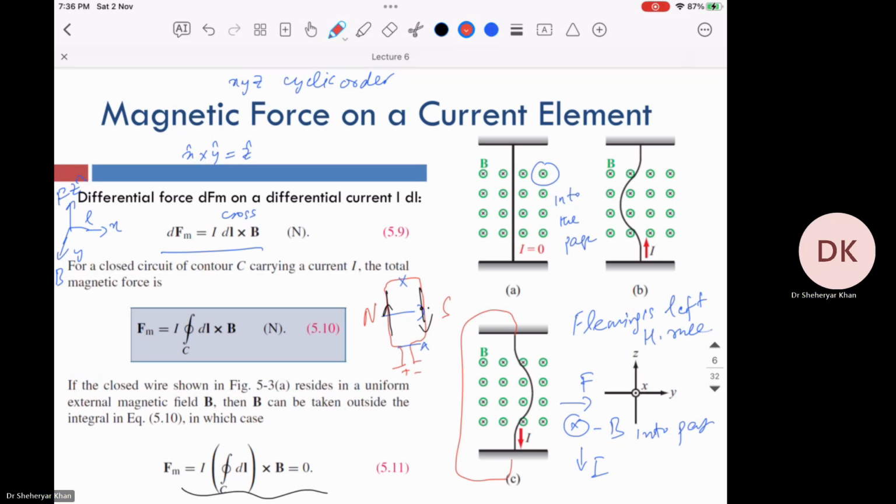Understand? That means if you place a random coil inside the magnetic field, the net force acting on the coil is zero.